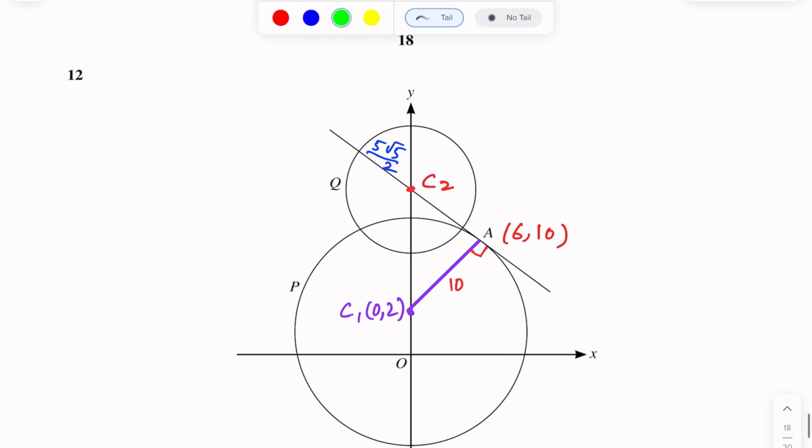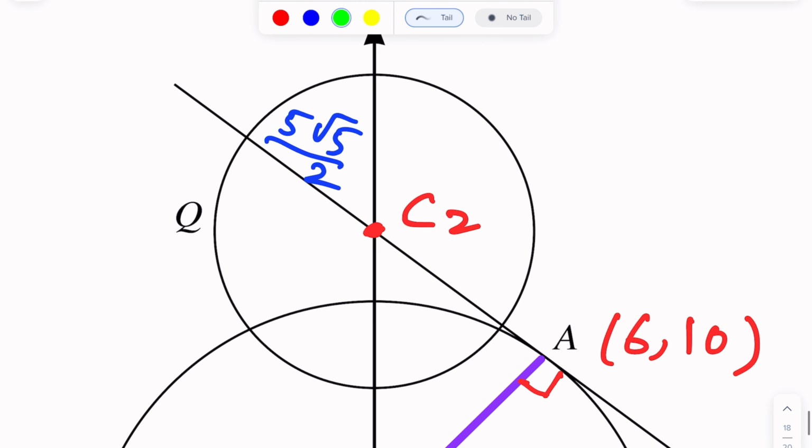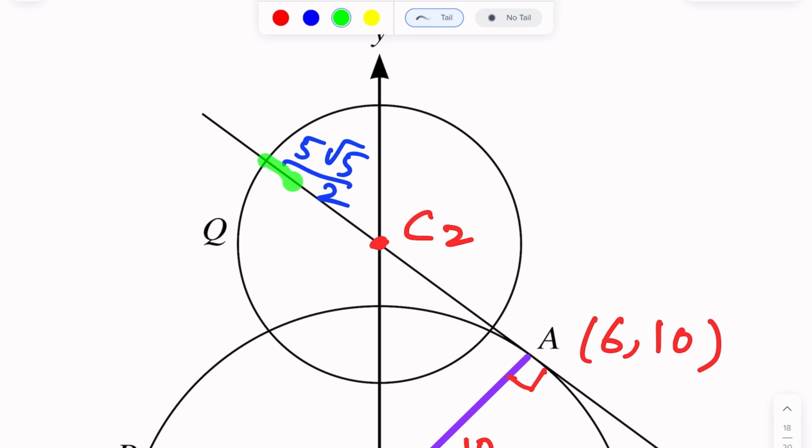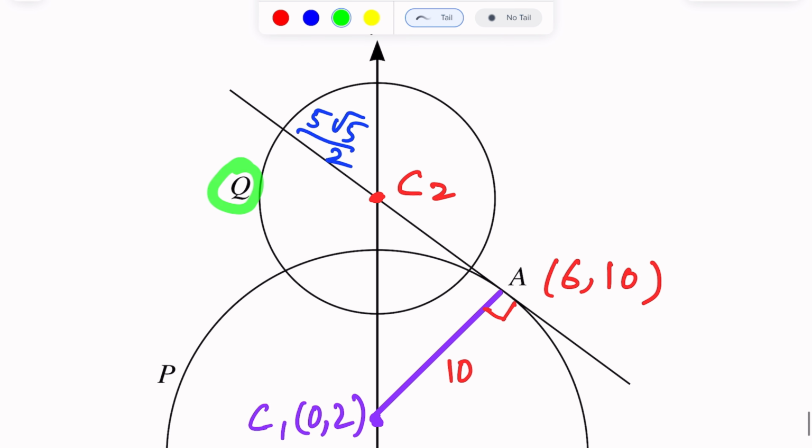Actually, we have to find the equation of this circle Q. We need the radius, which is given, that is 5 under root 5 over 2, but we need the coordinates of the center of circle Q. Since the center of the circle lies on the y-axis and also lies on the tangent, on the y-axis the value of the x coordinate will be 0.